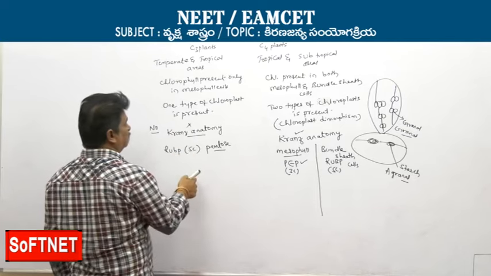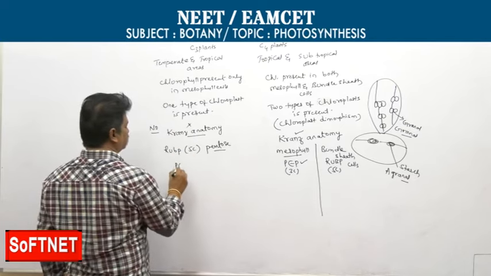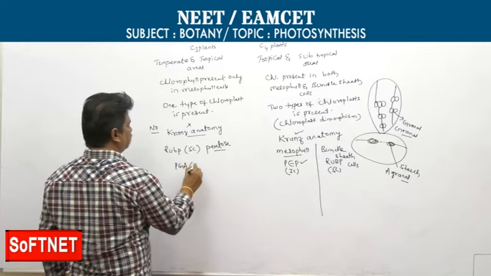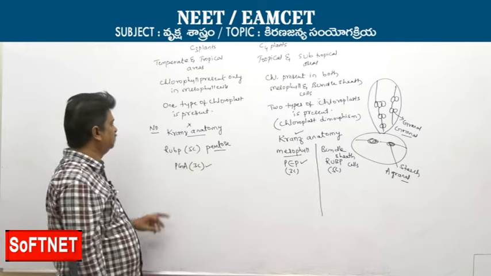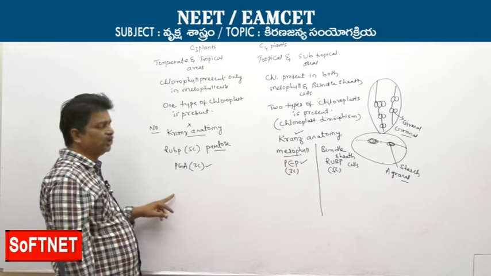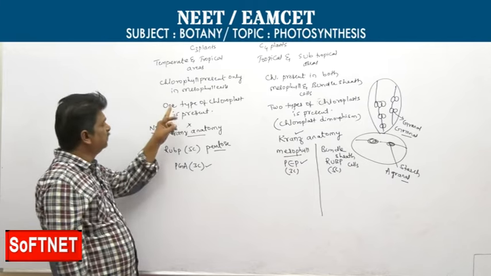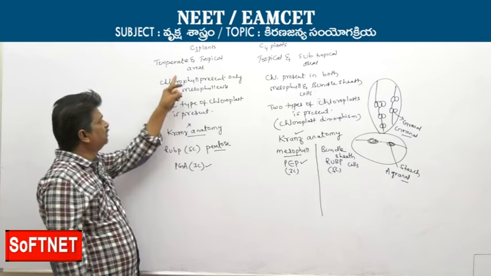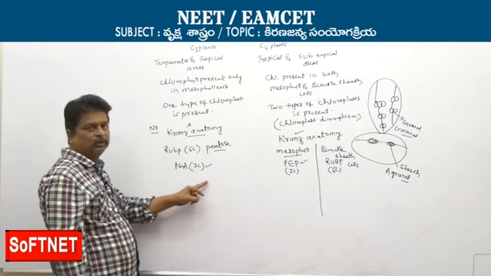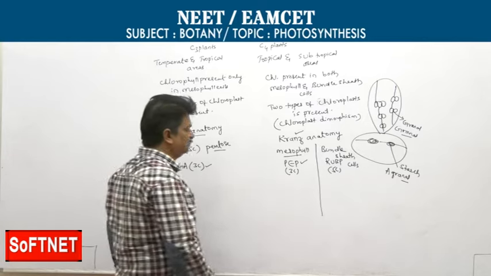But C3, only one carbon dioxide fixator is present. First product in C3 plants, phosphoglyceric acid. So it is a 3 carbon compound. That is why that cycle is called C3 cycle, and plants showing C3 cycle are called C3 plants.